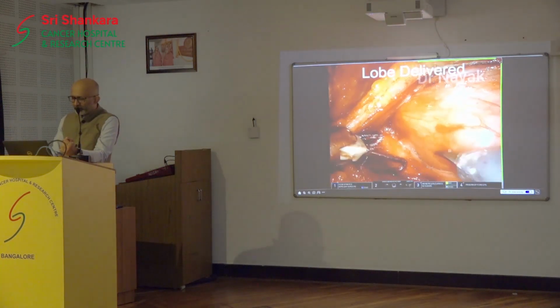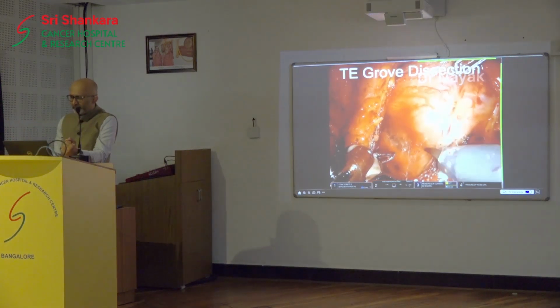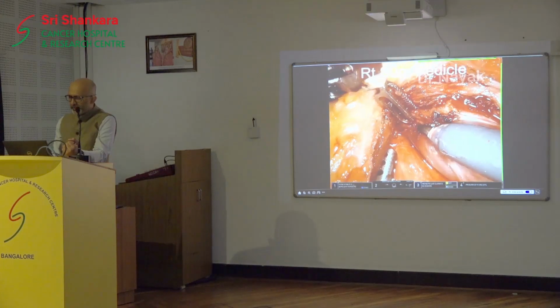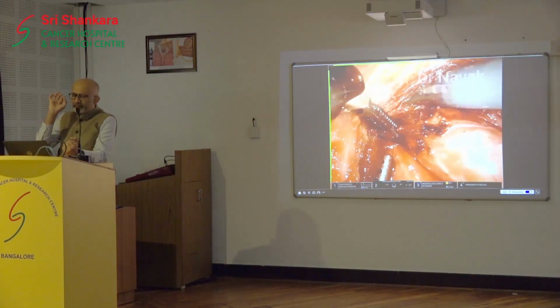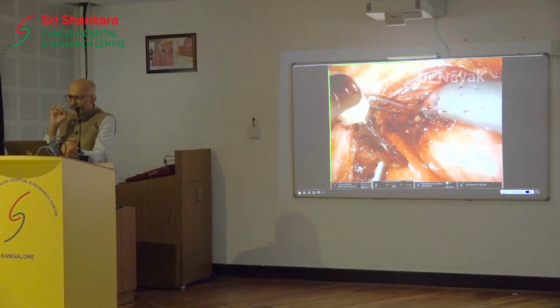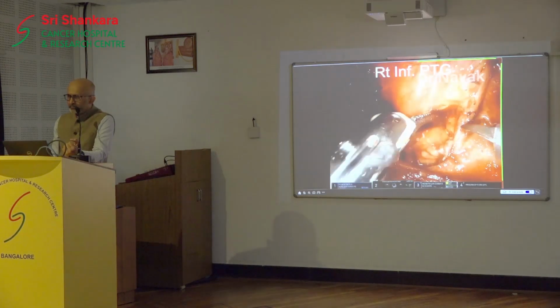You get the gland out from the tracheoesophageal groove, you dissect the tracheoesophageal groove area, and go for the superior thyroid pedicle. In this, we don't use any clips or any ligation. We basically use bipolar to take care of the vessels.